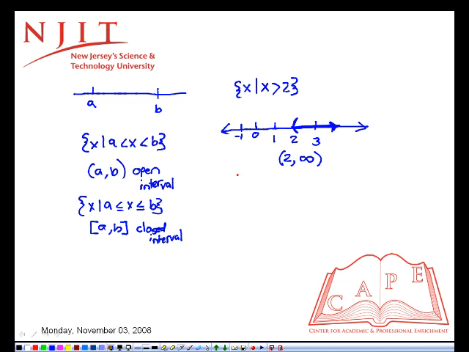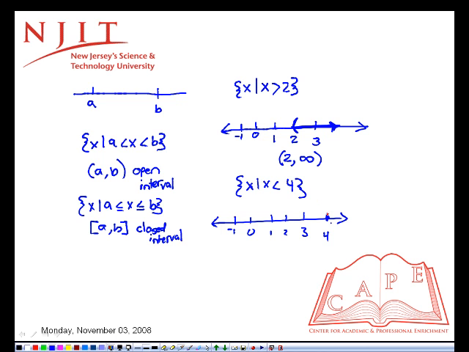Similarly, if I said for some x, there exists a value that's less than 4. So -1, 0, 1, 2, 3, 4. We know that 4 is going to be somewhere here on this number line, right? This is a point of interest. Is 4 included?